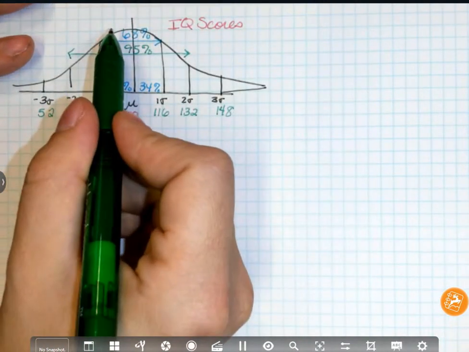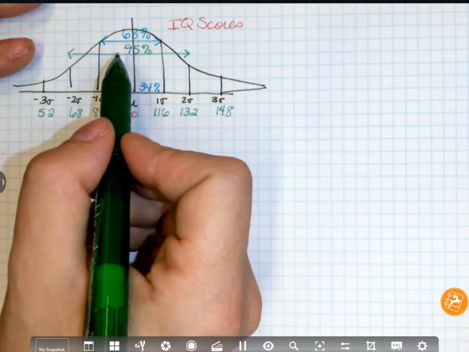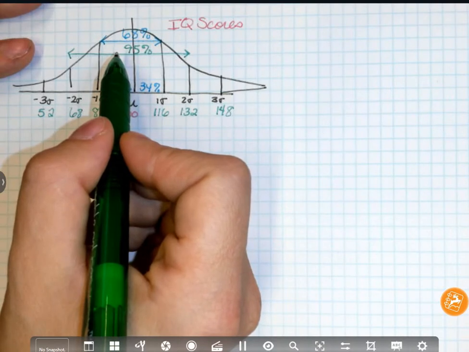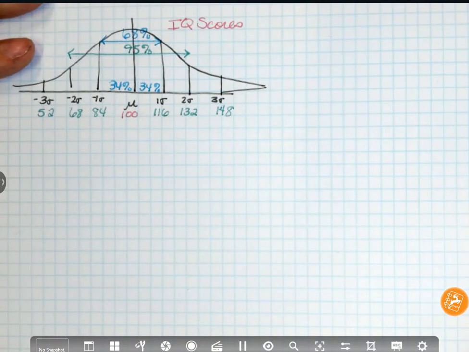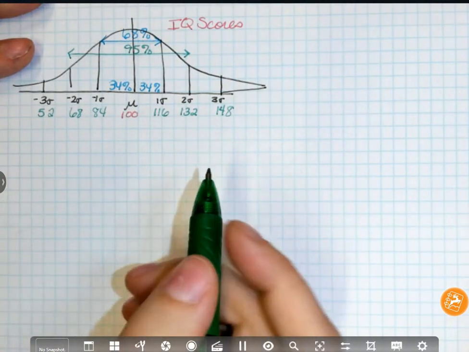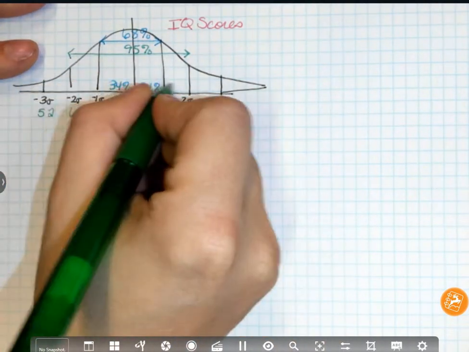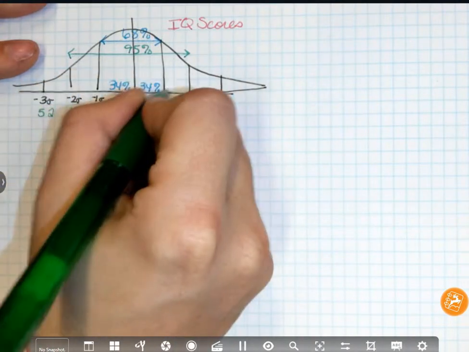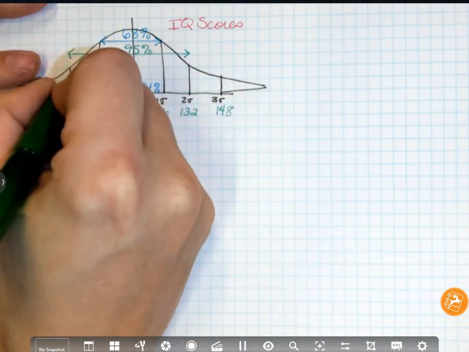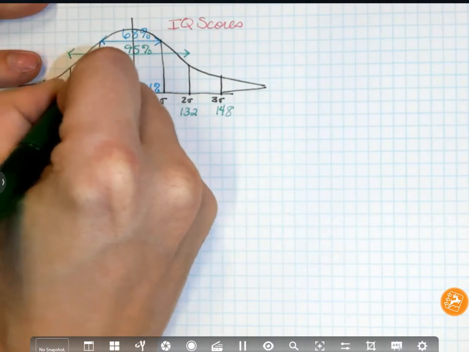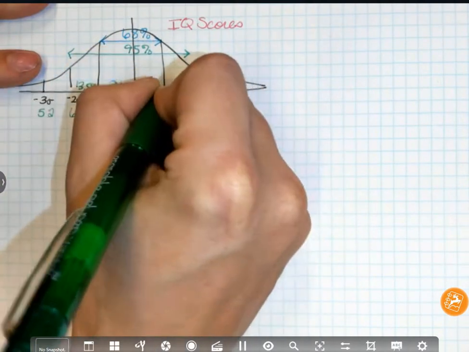So what is the difference between 68 and 95? Math. One more time. 27. Divide that by 2 because that's going to go here. One more time. 13.5. These numbers are going to become very familiar to you.